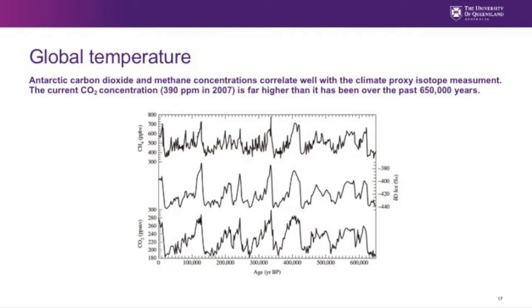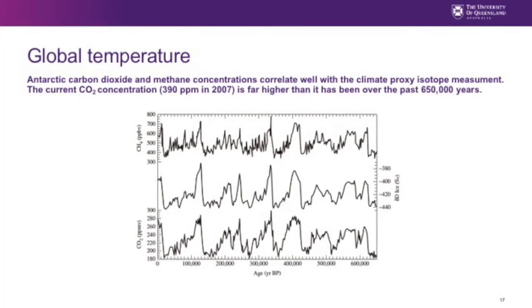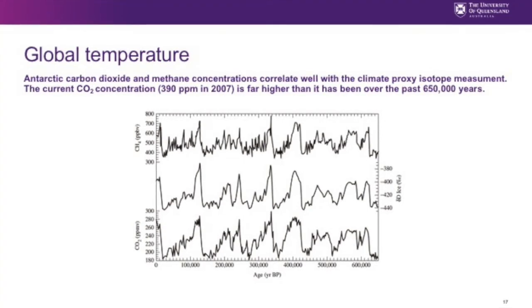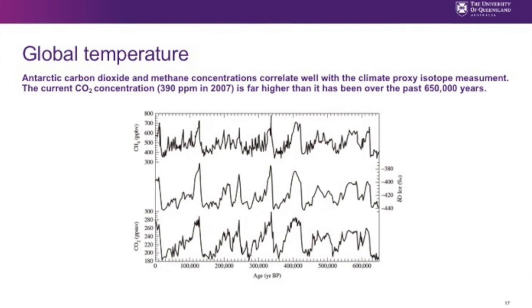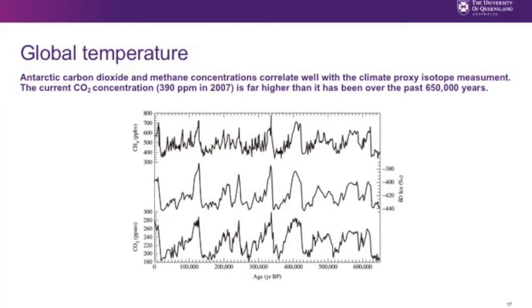And you can see the strong correlation that they both have in terms of the oscillations, right? It shows a strong correlation, also matching glacial periods. During glacial periods, the greenhouse gases, both CO2 and methane, are low, and during the warmer interglacial periods they are high.